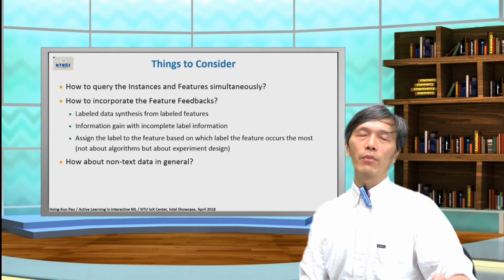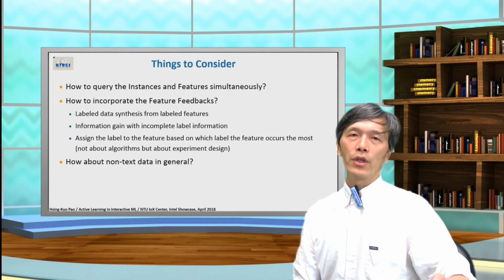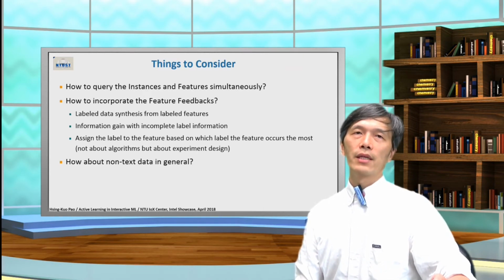We talk about how maybe we can find a way to synthesize labeled features and make them into labeled instances. On the other hand, we can also borrow the experience from information gain, since a decision tree usually uses information gain to decide which could be the most informative feature.